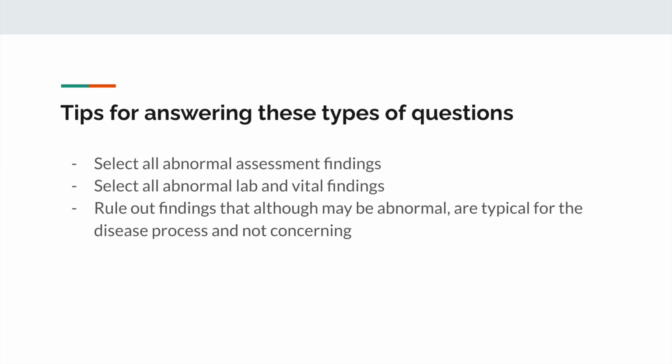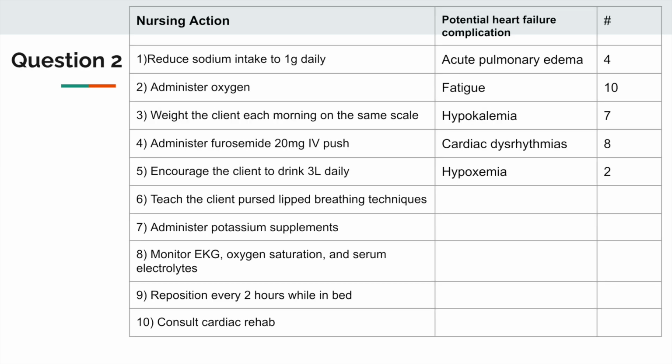Alright, let's go to the next one. So here we'll just go through. So acute pulmonary edema. Looking through these answers here, which one makes the most sense? So acute pulmonary edema, you have fluid in your lungs. You want to get that fluid out of your lungs.